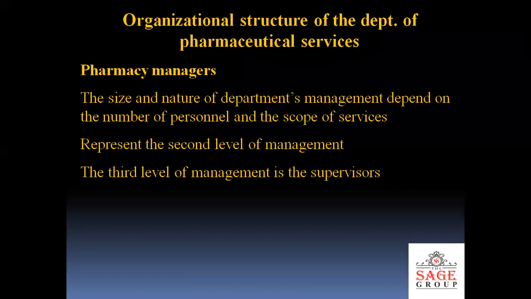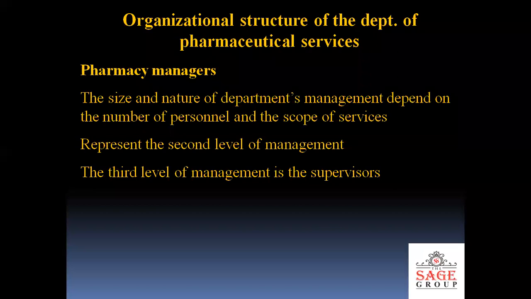Now, organization structure of department of pharmaceutical services. This is pharmacy manager. After the director of pharmaceutical services, pharmacy managers will come. The size and the nature of the department's management depends on the number of personnel and the scope of services.